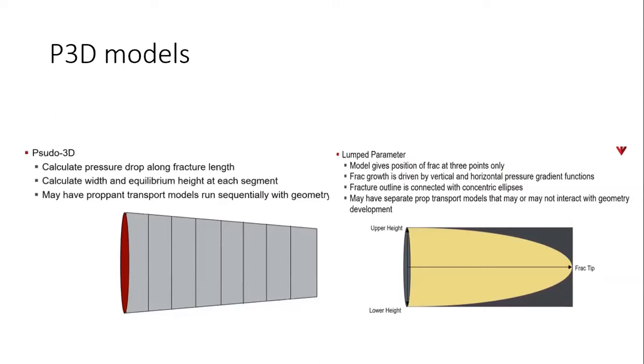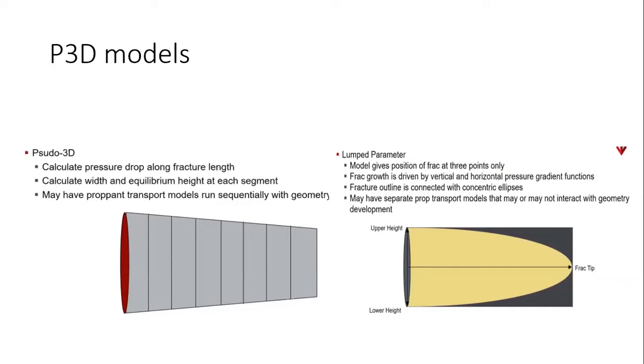It simulates the fracture as a balloon or lumped propagation, as we see in FracPro. So FracPro is a lumped-based pseudo 3D model, and Schlumberger Frackade is a cell-based pseudo 3D model.